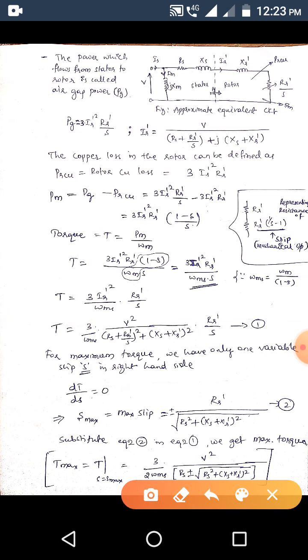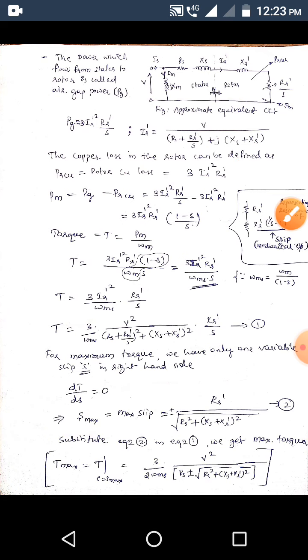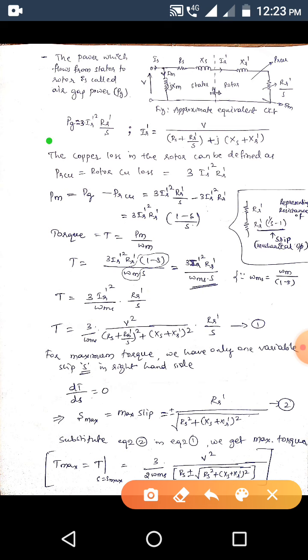The power flowing from stator to rotor we give the notation Pg. So we calculate the power for the air gap. Pg is equal to IR square into R prime by S, because the power is right now in the rotor region.